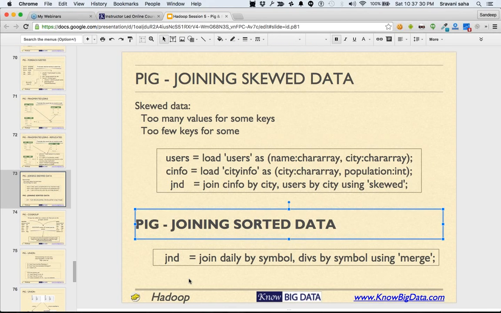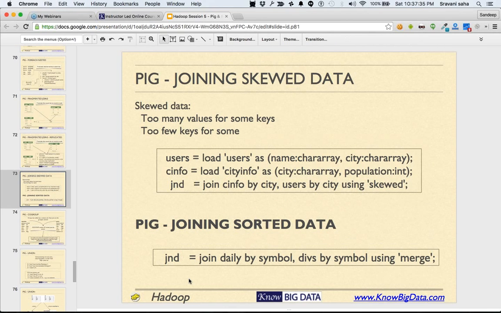So skewed join is good, and sometimes if you know for sure that your data is already sorted and you're joining on the same column on which the data is already sorted, then you can explicitly mark that, hey, my data is sorted. Don't try to sort it again. While joining the two data sets, do not try to sort it. My data is already sorted by the same columns.